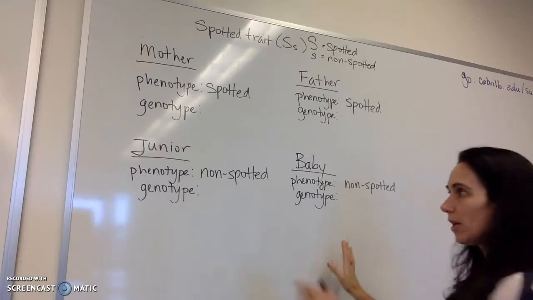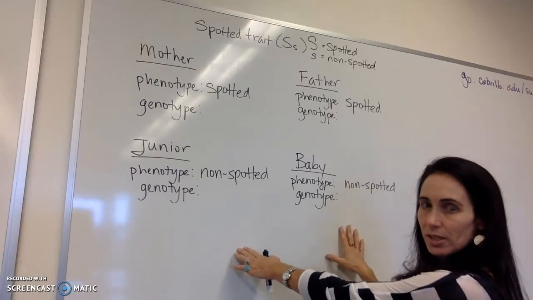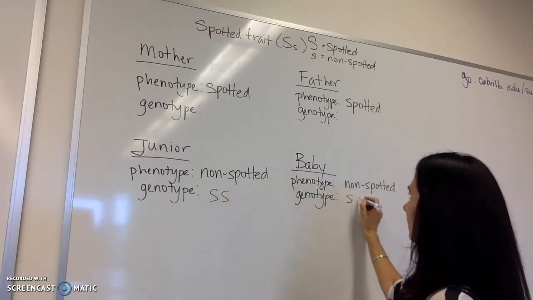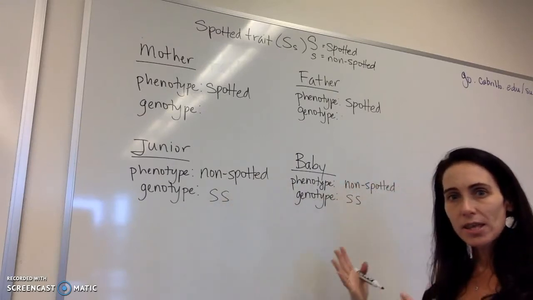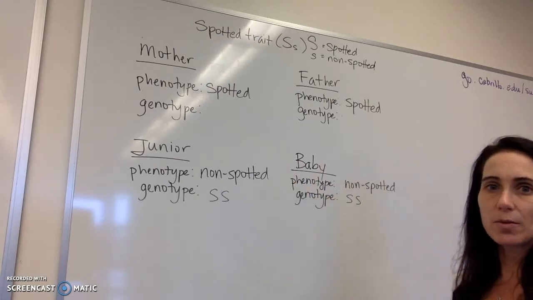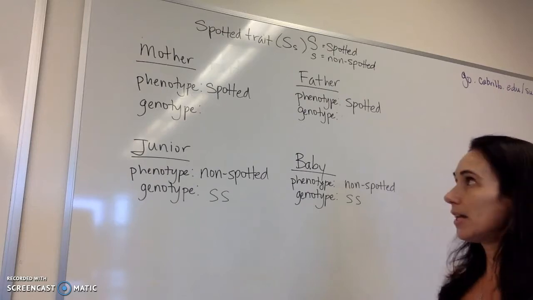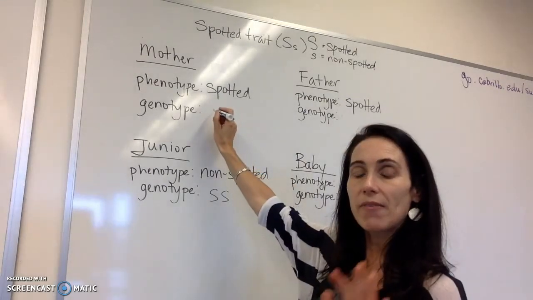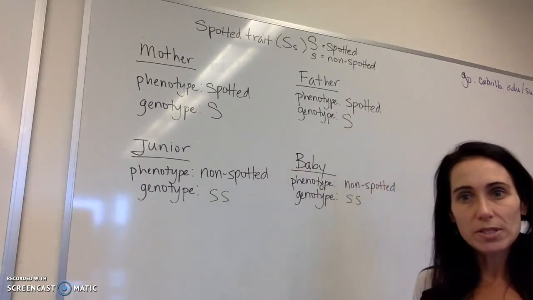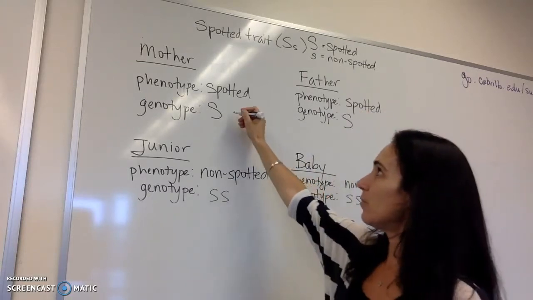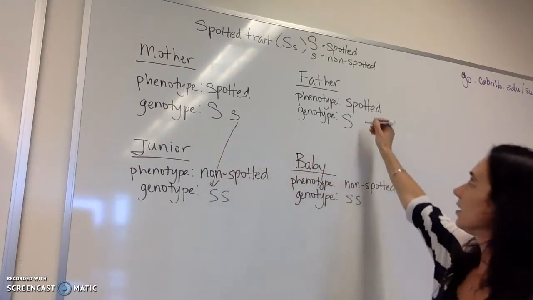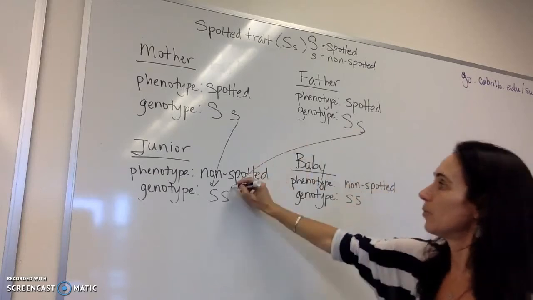So again, we know that both of these family members can only be homozygous recessive. But how can they be non-spotted with two recessive alleles while their parents are both spotted? Well, again, we know that the parents have to have at least one dominant allele in order to be spotted, and each of them must also have that recessive allele to pass on to the offspring.